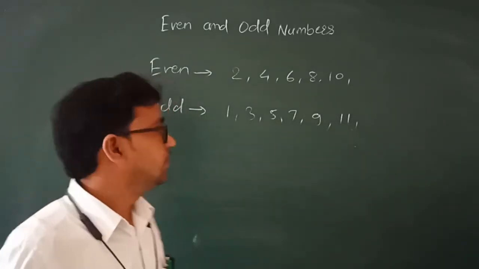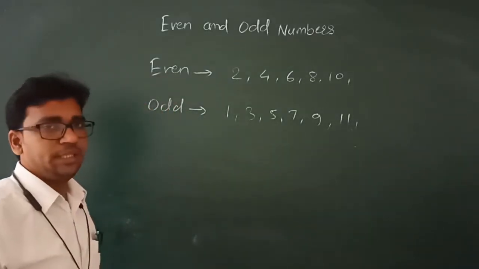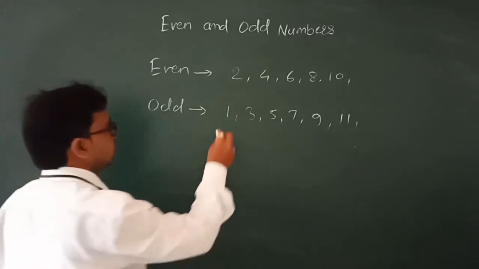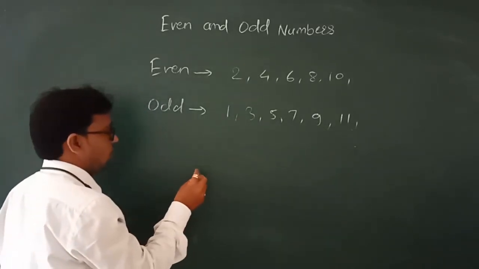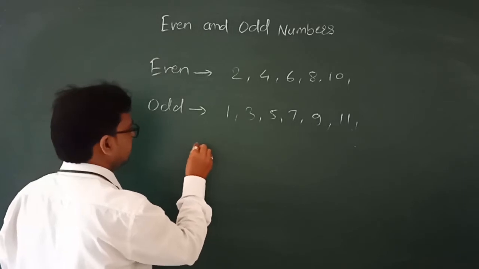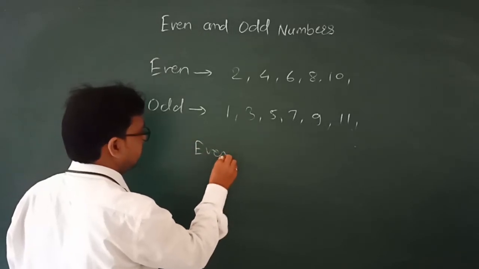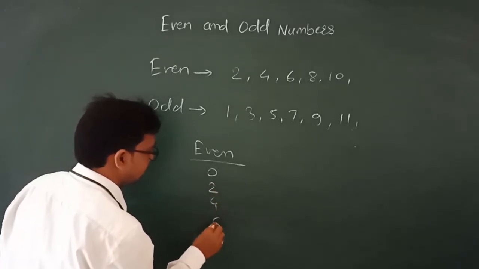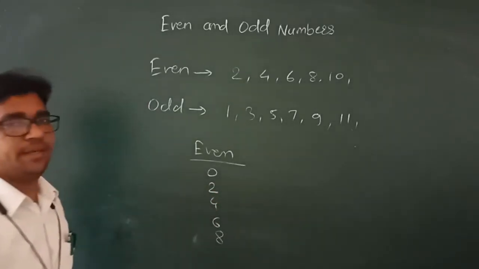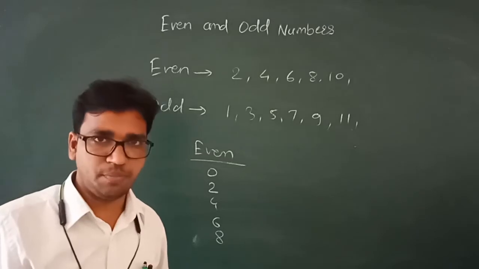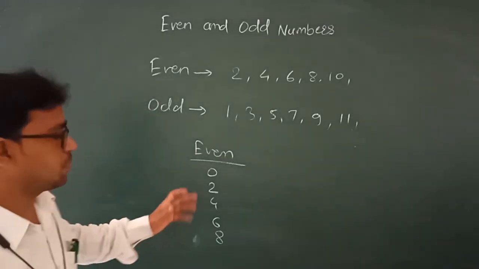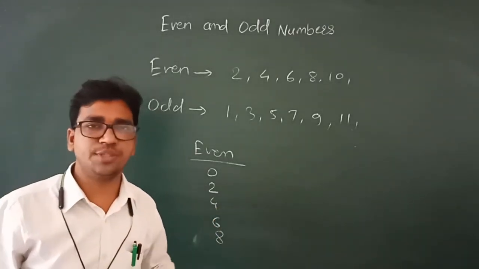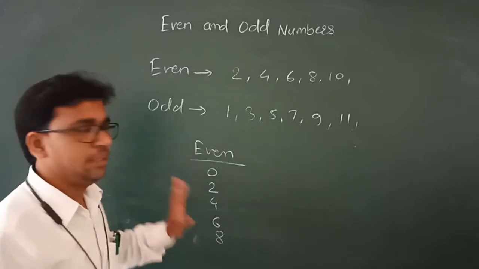One more thing is here, that all the even numbers have 0, 2, 4, 6, 8 at their ones place or unit place. Means उसके unit place पे कौन सा number रहेगा? 0, 2, 4, 6, 8. It is the even number.